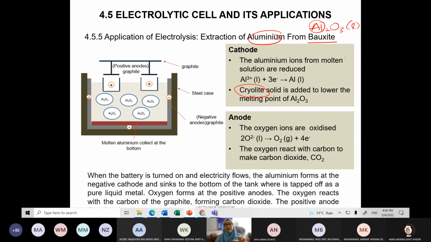When dissolved in a solvent, this solution can still undergo electrolysis. Cryolite has the ability to dissolve bauxite, and at the same time it has a lower melting point than bauxite. That's one good thing about cryolite. That's why we use cryolite as the solvent.